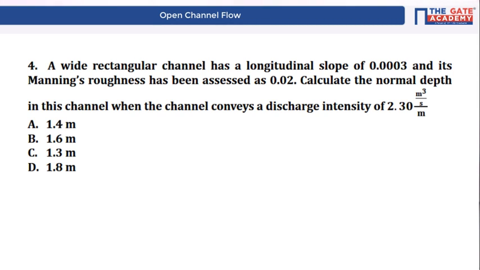Calculate the normal depth in this channel when the channel conveys a discharge intensity of 2.3 meter cube per second per meter. Option A is 1.4 meter, option B is 1.6 meter, option C is 1.3 meter, and the last option, option D, is 1.8 meter.